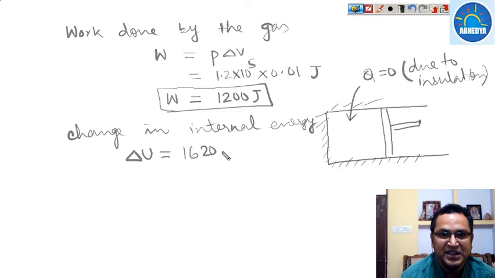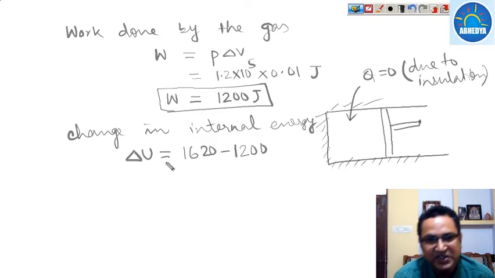This much amount of heat has been liberated, and 1200 joule has been consumed in work. So the rest of the heat which is liberated will be used for the change in internal energy of our system.